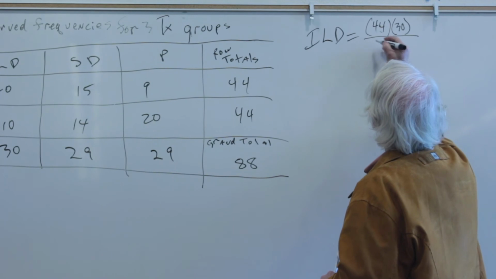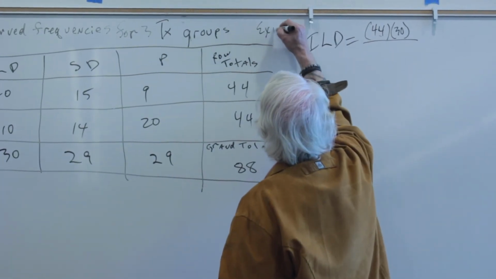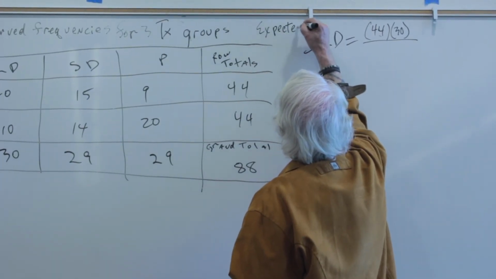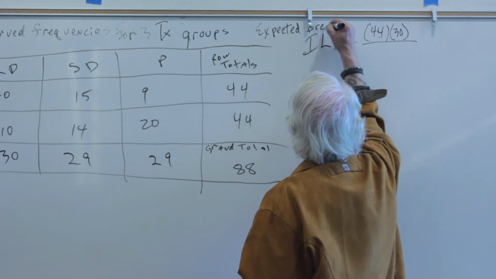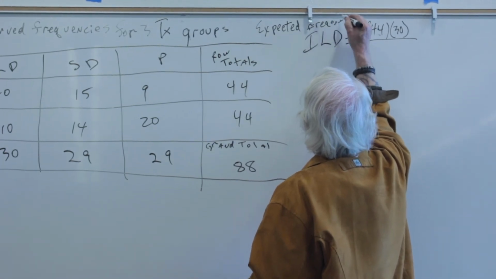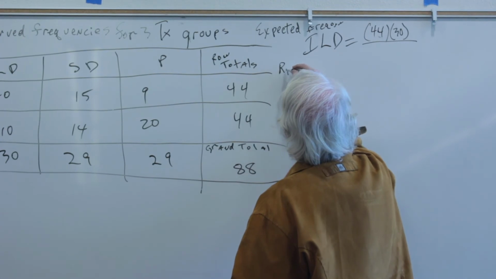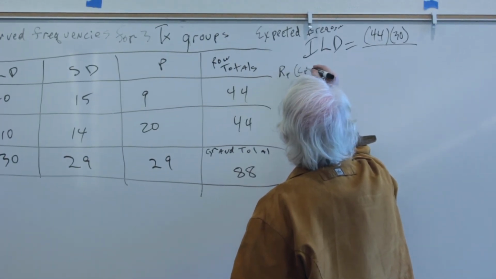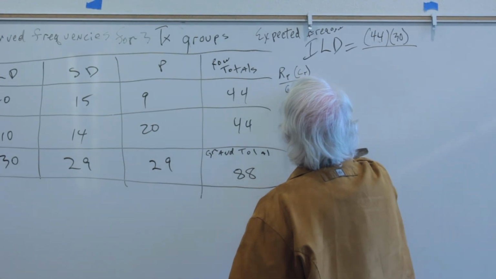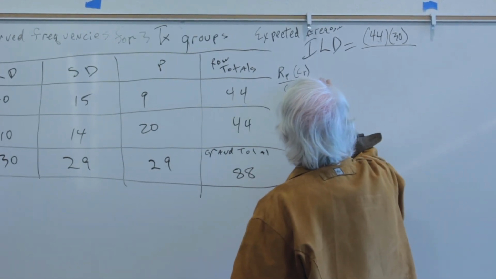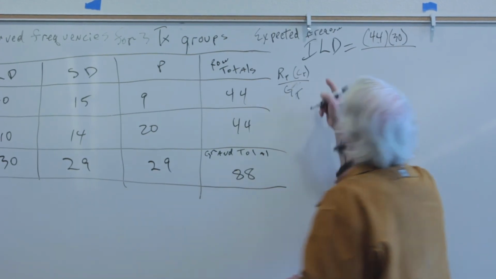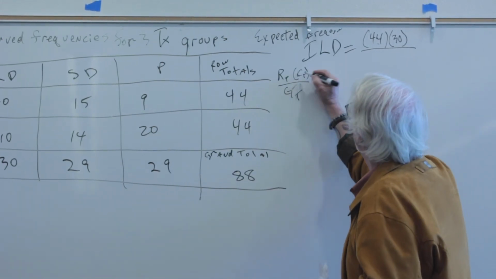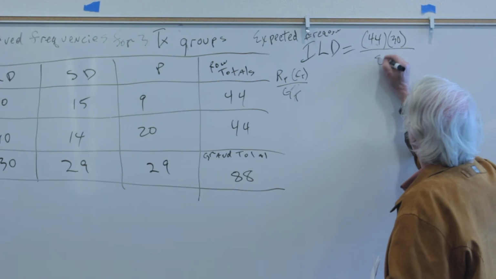And this is how I'm going to get the expected frequency. Right? So it's the row total times the column total over the grand total. And that's the formula, all right?